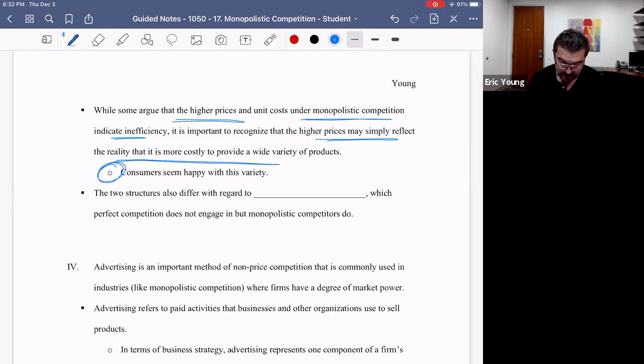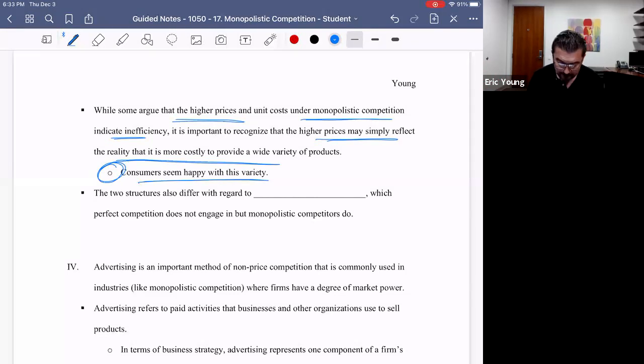In fact, the evidence suggests very clearly that consumers seem happy with variety. So maybe we have to consider that when it comes to MC, it's not as simple as straight economic efficiency, that maybe some mitigating factors like consumer satisfaction have to tie into our evaluation.